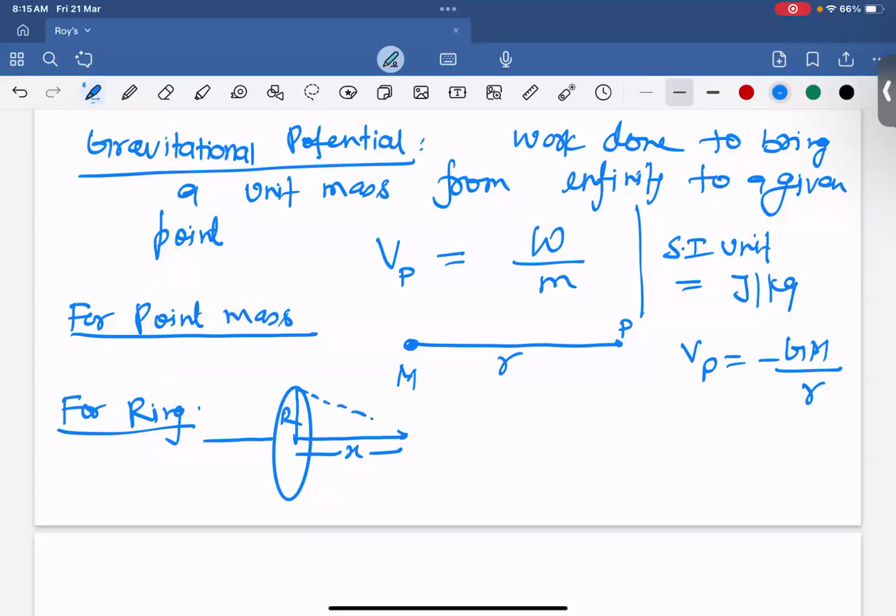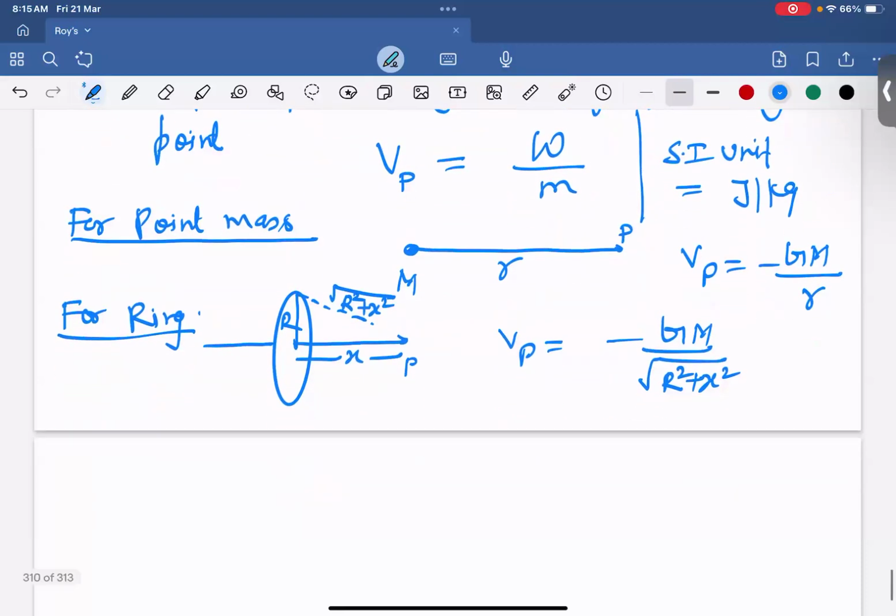This distance will be under root r square plus x square, and this is the point P. So for P here, it is simply GM by this distance, that is under root r square plus x square. That is the potential due to the ring.